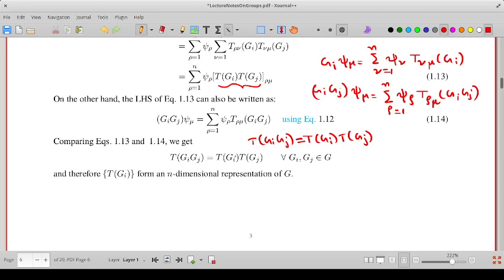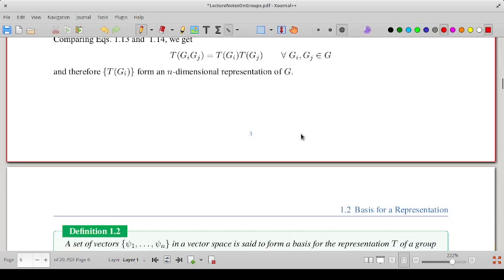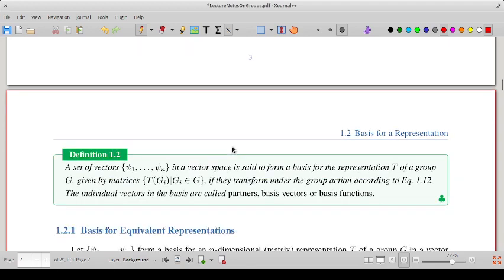That means these matrices T(Gi) for every Gi form a representation, because it satisfies T(GiGj) equal to T(Gi) times T(Gj). So this mapping is actually a homomorphism. And as we have already seen, these matrices will be invertible, non-singular, because they are representations of invertible linear operators on the vector space.